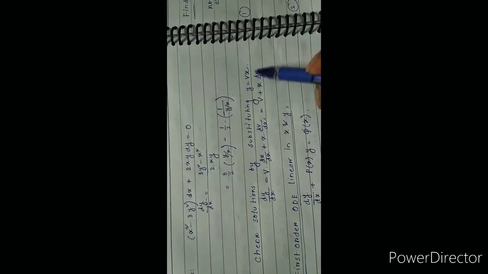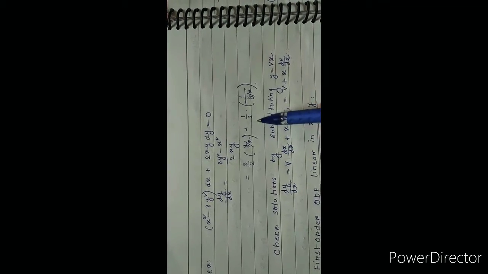Now substitute this thing here and substitute y by x as v. This is 3 by 2 v minus 1 by v. Now I think you will be able to solve this equation. You have done it earlier, I think in 11 or 12. Okay, this will be a very simple equation to solve. You will solve it.